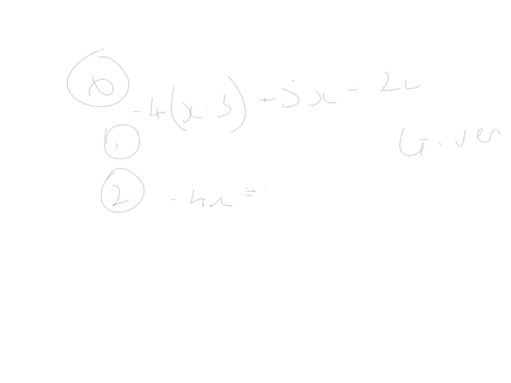So what we've got is negative 4 times (x minus 3) plus 5x equals 24. So in theory that's given. So there's number 1. Number 2, where are we going next? He's going to do negative 4x plus 12 plus the 5x, and that will equal the 24.